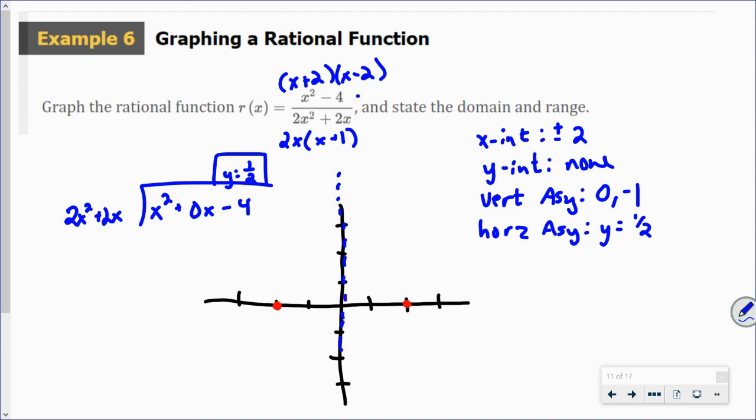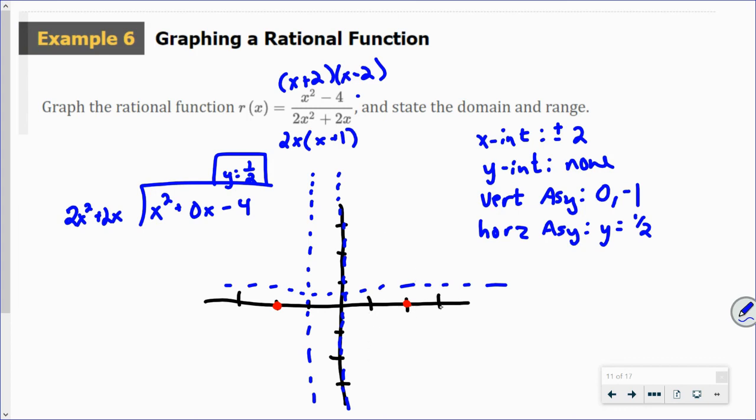So again, that's kind of why you don't have any y-intercepts, because it approaches this line in whatever direction. And -1. And you have a horizontal asymptote at 1/2. So right in there. So you can kind of see we're going to be down here.